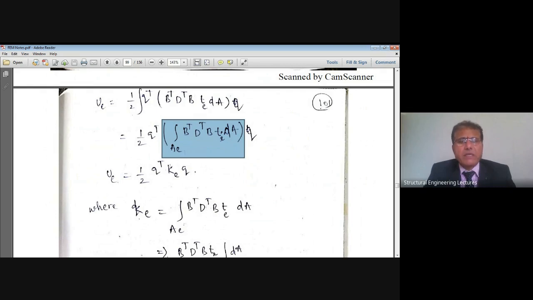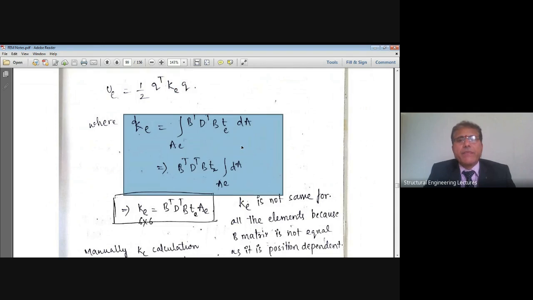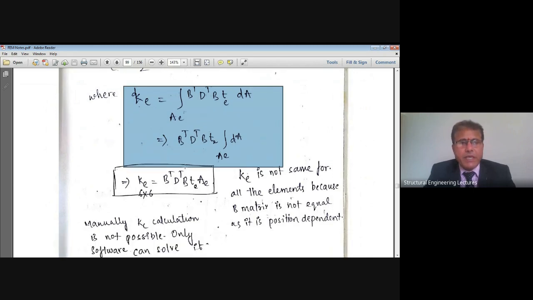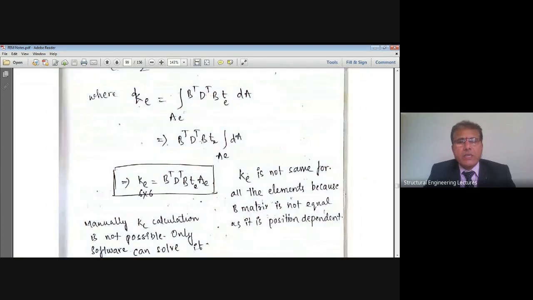That matrix is nothing but the element stiffness matrix Ke, given by integration over the area of that element Ae, B transpose D B dV, where dV is equal to t multiplied by dA. Therefore, B is constant, D is constant, B transpose is constant, and thickness t is constant. Taking them out of the integration, what is left inside is only dA. Integration of dA will lead to the area of that element.